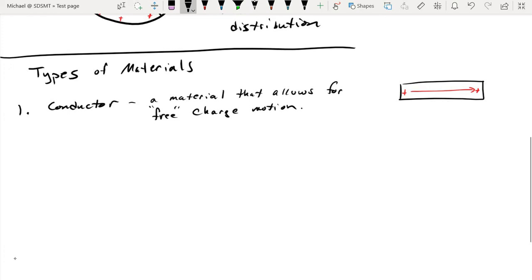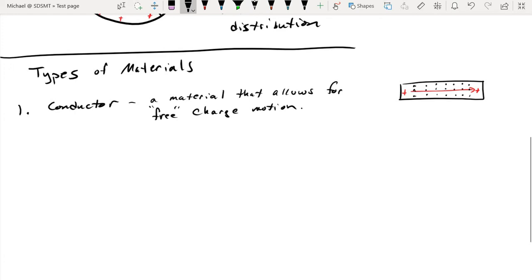Every material is going to have some amount of internal resistance to charge flow. Whatever this material is, whatever it's made of, it has to be made of some kind of element.